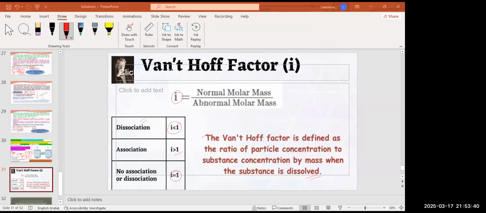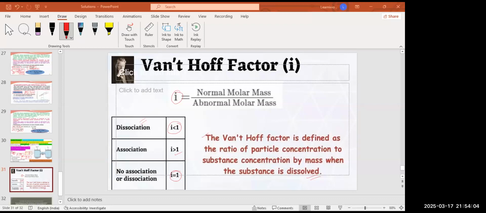Here m is the number of particles formed per molecule of the electrolyte. So these formulas are very, very important. Questions from there have come in your JEE Mains exam.